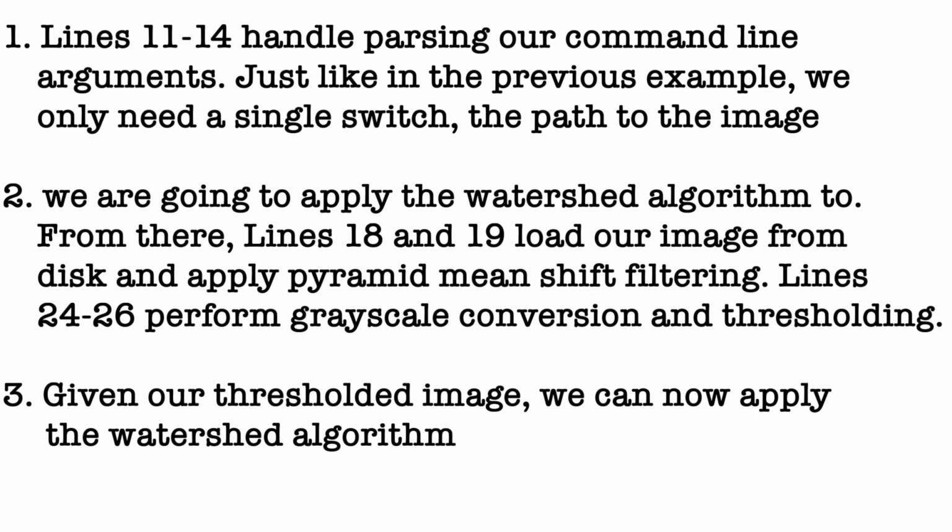From there, lines 18 and 19 load our image from disk and apply pyramid mean shift filtering. Lines 24 to 26 perform grayscale conversion and thresholding. Given our thresholded image, we can now apply the watershed algorithm.